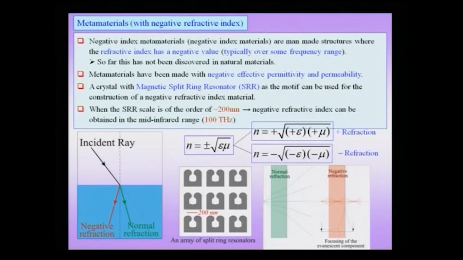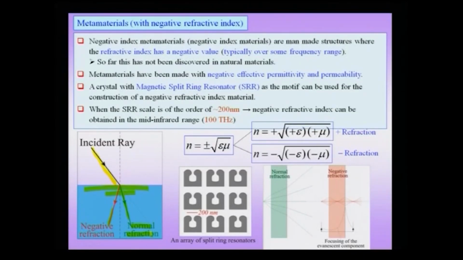And when we said a negative refractive index, suppose I am assuming a ray coming from vacuum or air into a medium which is colored blue here, then we note that the refracted ray lies on the same side of the normal as the incident ray, unlike normal refraction, which is the green line shown here, wherein the refracted ray lies on the other side of the normal.